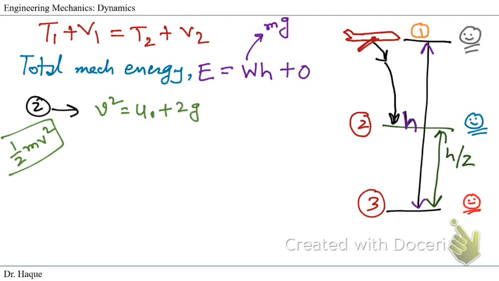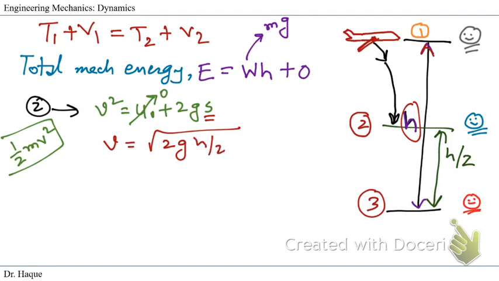His initial velocity was 0, so that goes to 0. So the final velocity v becomes the square root of twice g, and his travel distance is half of the total distance h. So he traveled half, so the 2 cancels out, and we are left with the square root of gh.